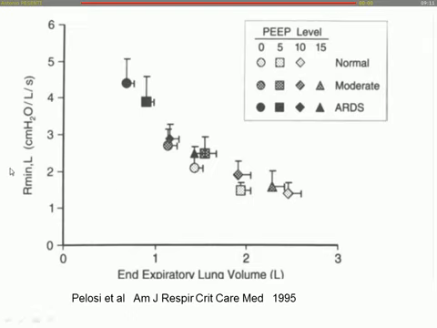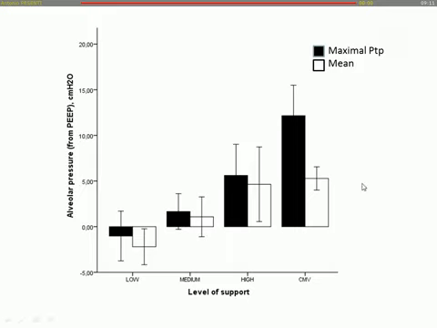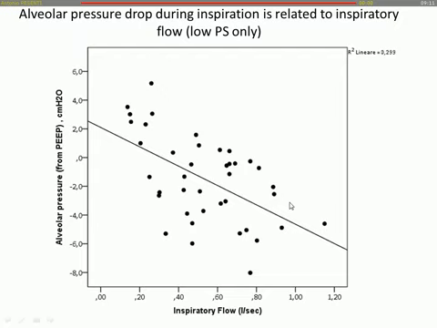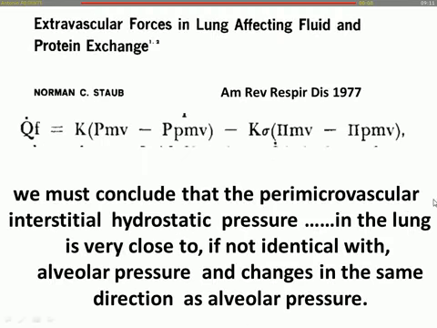And you can see the resistance is inversely proportional to the end expiratory lung volume. So ARDS lungs have indeed increased resistance, 2, 3, 4 times normal. And we can observe very low alveolar pressures in ARDS patients being weaned from controlled mechanical ventilation. The higher the inspiratory flow, the lower the alveolar pressure.